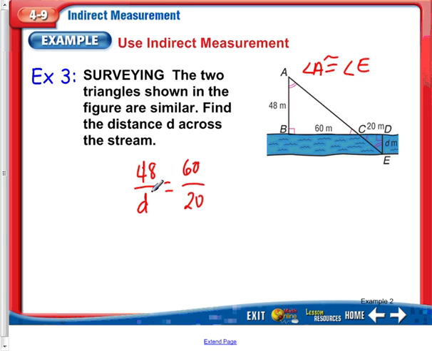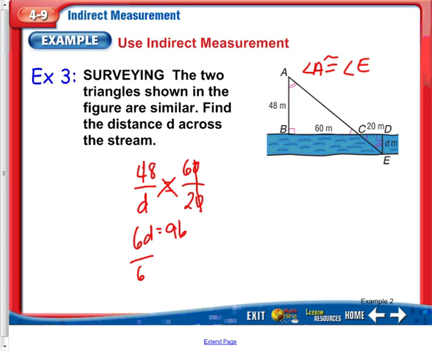Here, if we want to, we could simplify this by getting rid of the 0. So that could help us do this a little bit easier. Now we can multiply across, and we get 6 times D equals 2 times 48. Well, 40 and 40 make 80 plus 16, so we have 96.